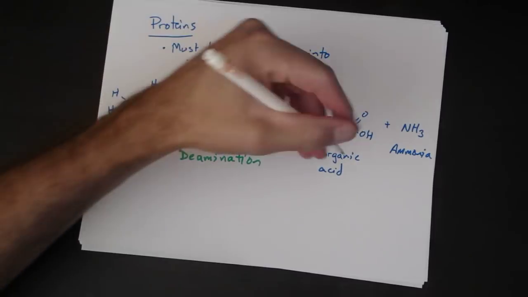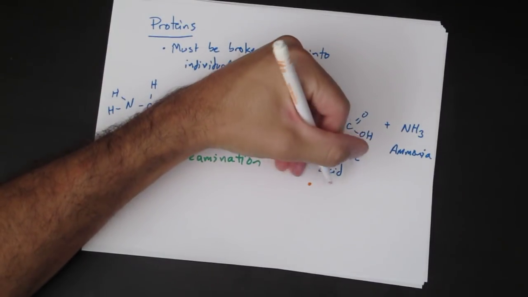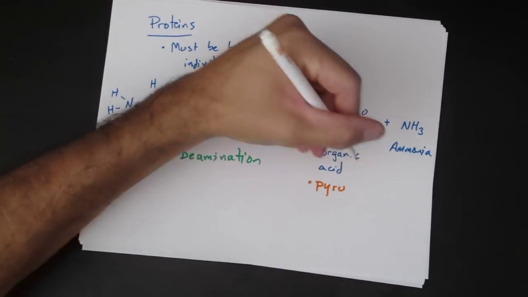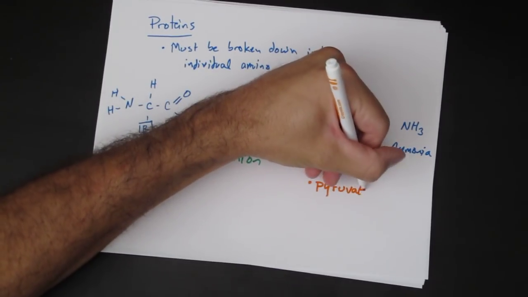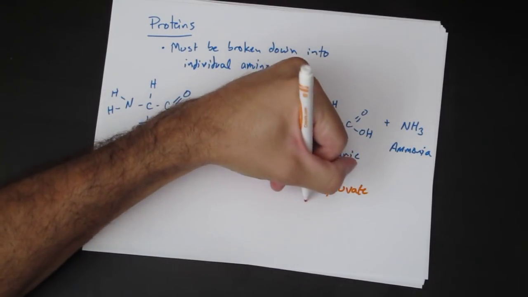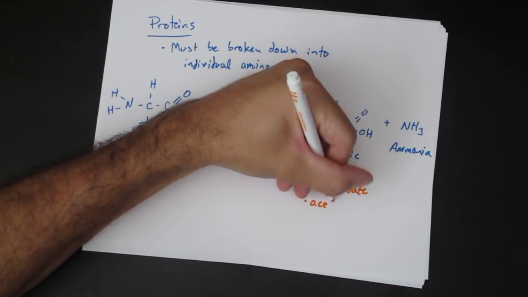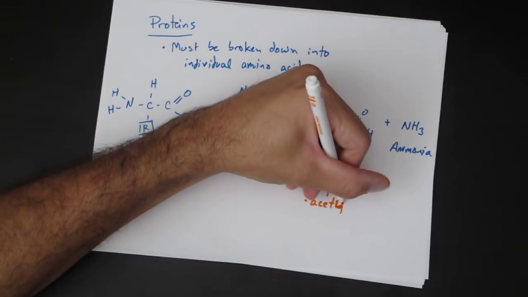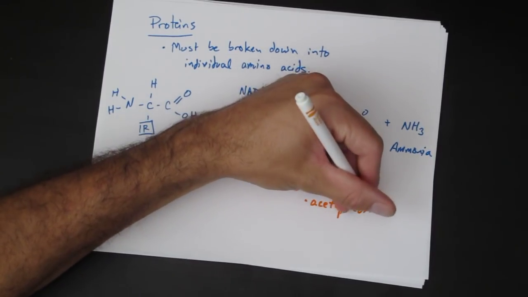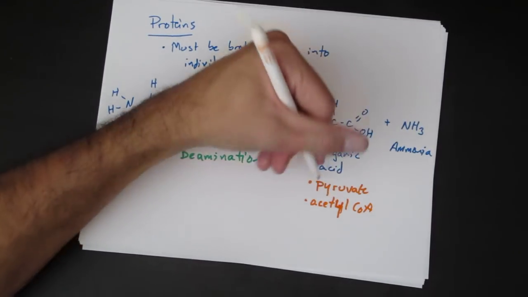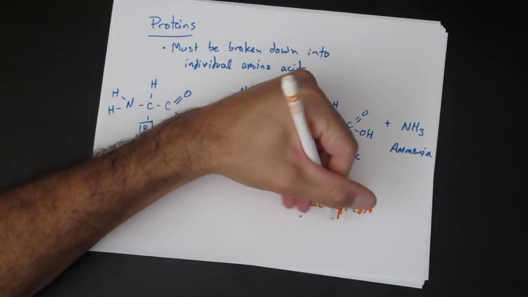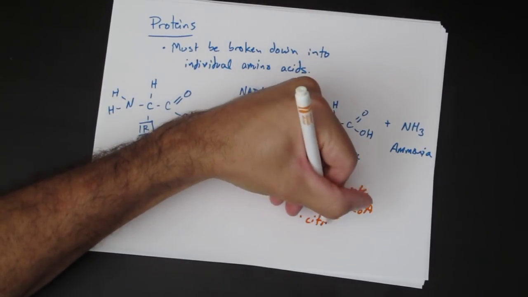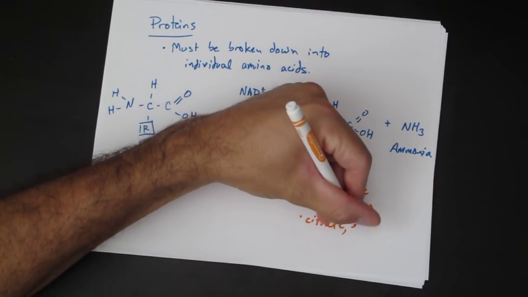Those organic acids can either be converted directly to pyruvate, or to acetyl-CoA very easily, or to some intermediary of the citric acid cycle, like citrate, etc.